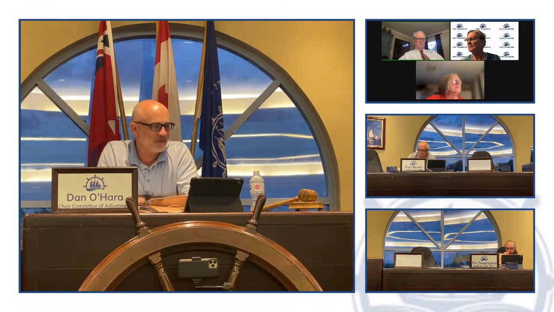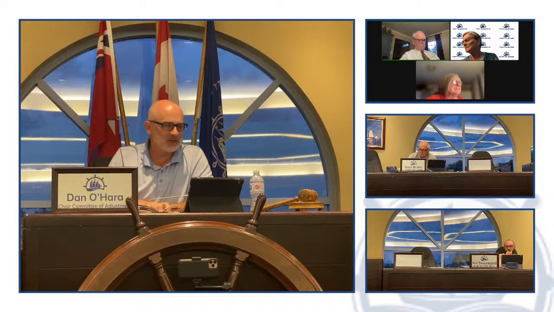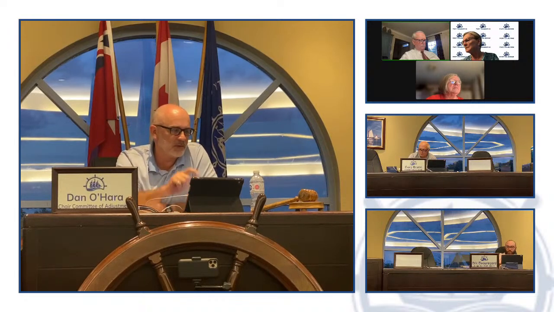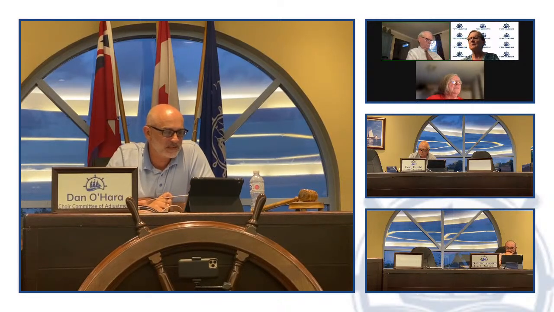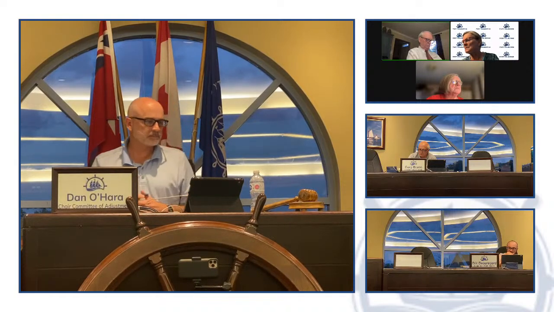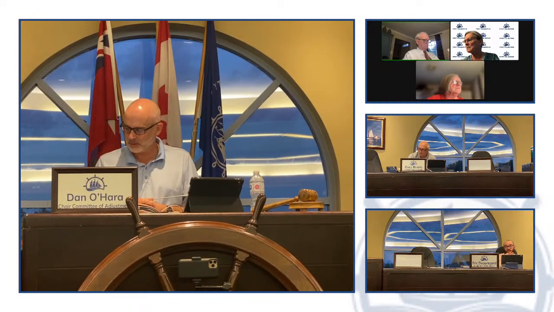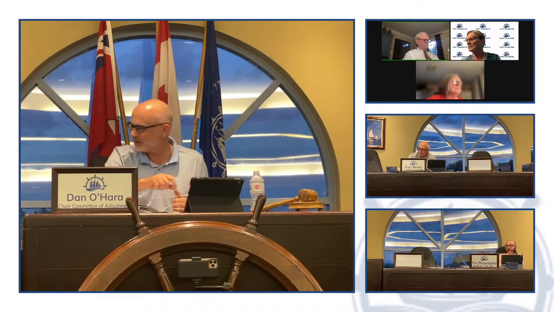So I will move application B15-22-PC, the lands legally known as Plan 3 lots 17, 18, 21 to 31 in the municipality known as 59 Omer Avenue, that consent application B15-22-PC be granted subject to the conditions outlined in the staff report dated September 9th, 2022, with the addition of condition 6 being a mutual agreement and/or easement agreement satisfactory to the planner with regards to gaining access through to what's the two middle parts?